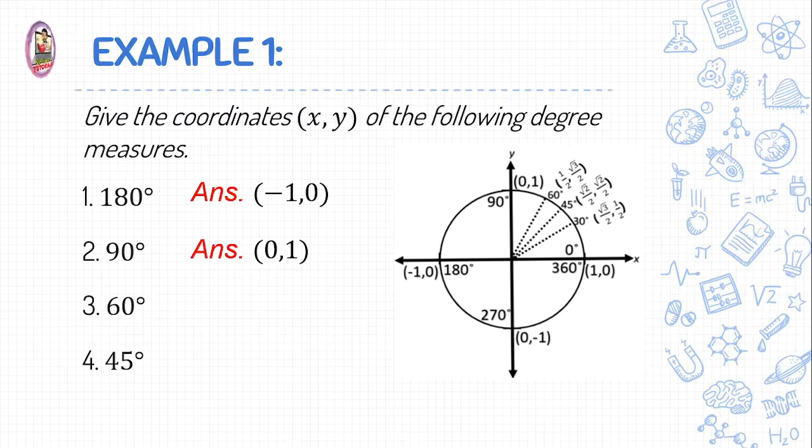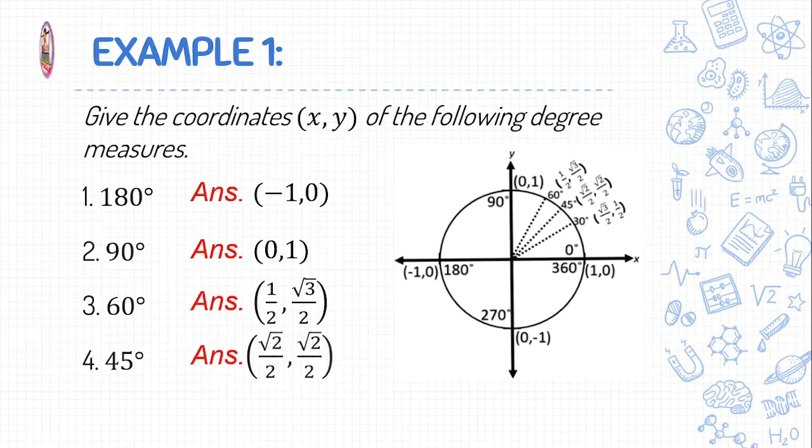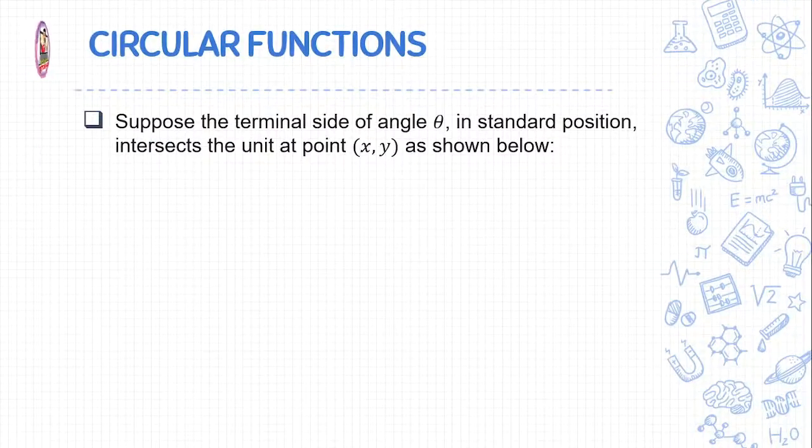Kapag 60 degrees siya, ayon sa diagram, we have 1/2 and square root of 3 all over 2. At kung 45 degrees naman siya, we have square root of 2 all over 2 and square root of 2 all over 2. So, suppose the terminal side of angle theta in standard position intersects the unit circle at point x, y as shown below.